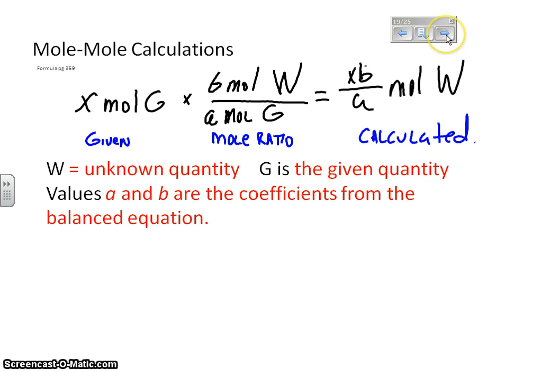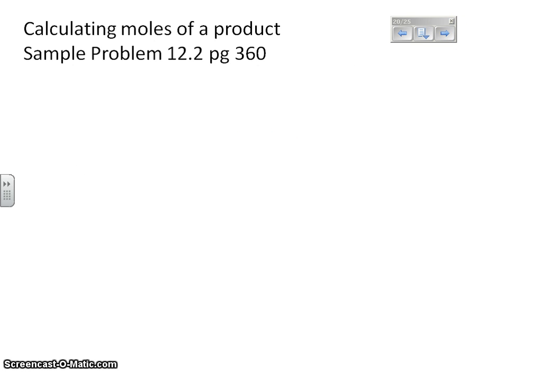So let's do that right now. We'll look at page 360, sample problem 12.2, and this will also include that ratio, the N2 plus 3H2 produces 2NH3 equation that we were talking about earlier. So let's get started calculating this. Our sample problem is: how many moles of ammonia are produced when 0.60 moles of nitrogen reacts with hydrogen?